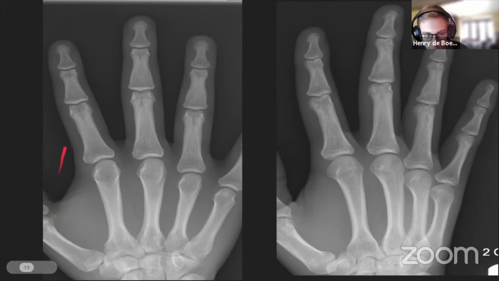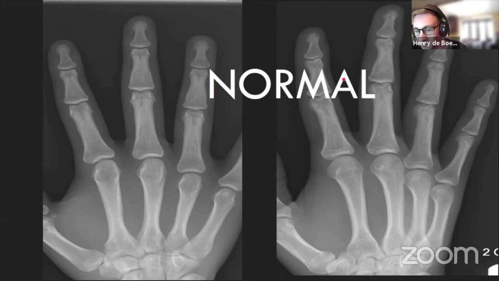Bone detail looks normal, and soft tissues look normal on the AP, and on the oblique, much the same. So yes, I agree with all of you. This is normal. Well done.